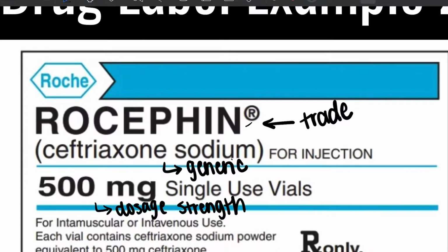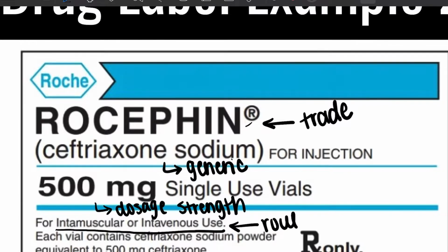Now this one is a good example of showing what our route is, intramuscular or intravenous use. So this right here is going to show us our route.